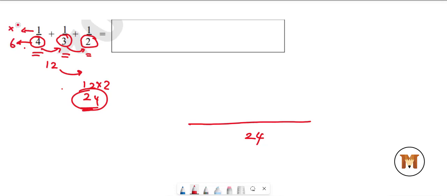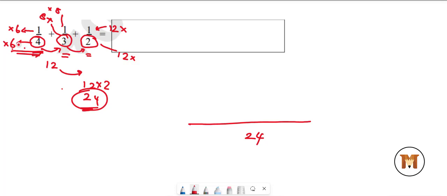If you make the denominator 24, the same is applied to the numerator, so I multiply the numerator also by 6. Again, to make this into 24, you need to multiply by 8, so both are multiplied by 8. And here, to make 24, you need to multiply by 12, so I multiply by 12 on both sides.